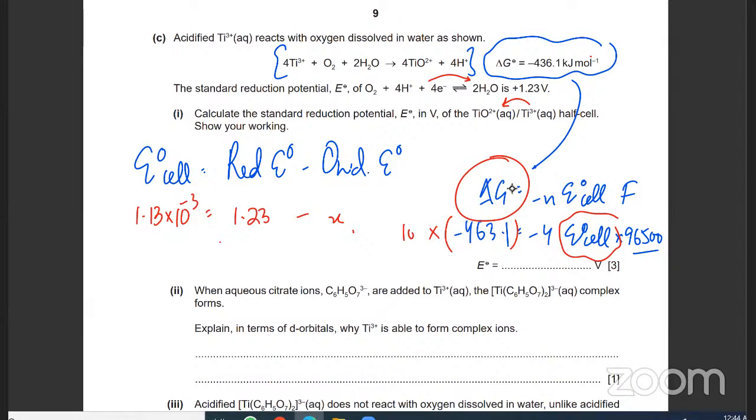Multiplied by 1000. Okay, that will give you 1.13. So that's the only question we have to go with. That's the units they're using. I'll just confirm, 0.1. Answer. Yes, okay.